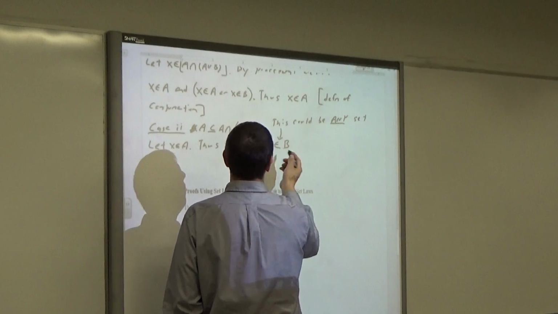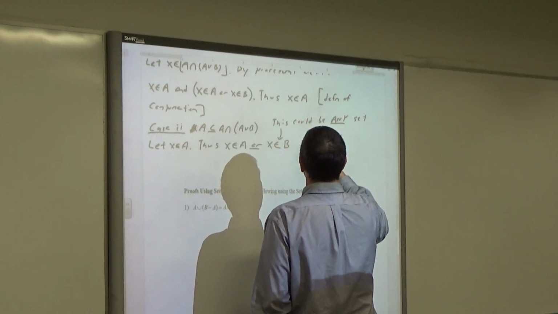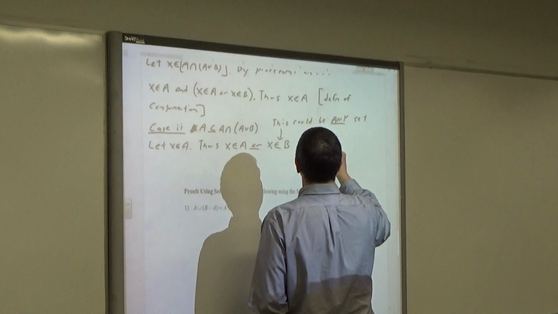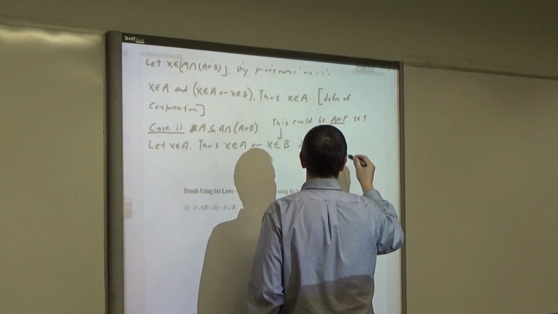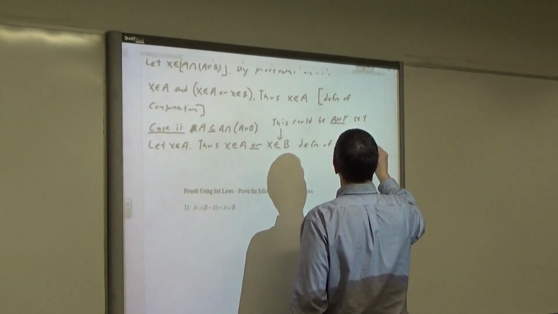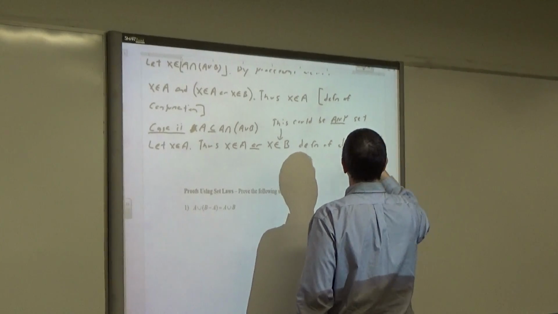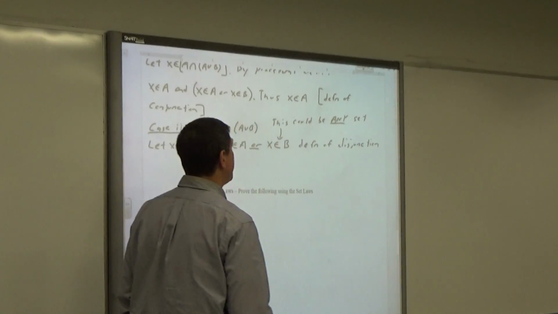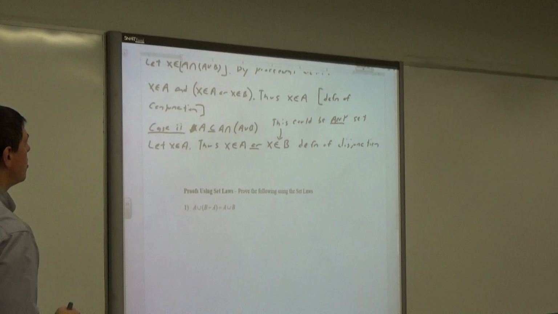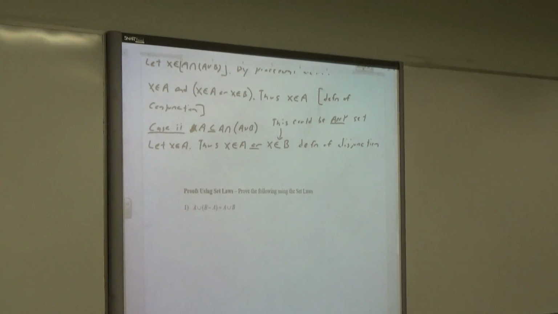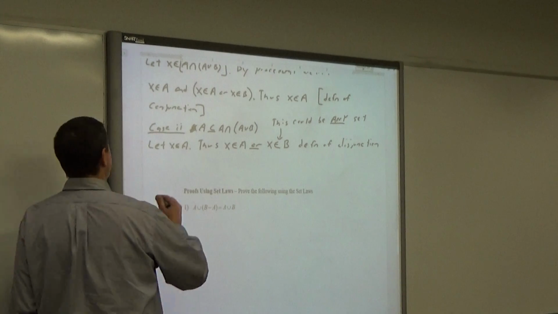So does X is an element of A or B, okay? That's the definition of a disjunction. Okay, remember disjunction means or, conjunction means and. And then we can go ahead and we can just say, well, this is going to be our procedural definition.